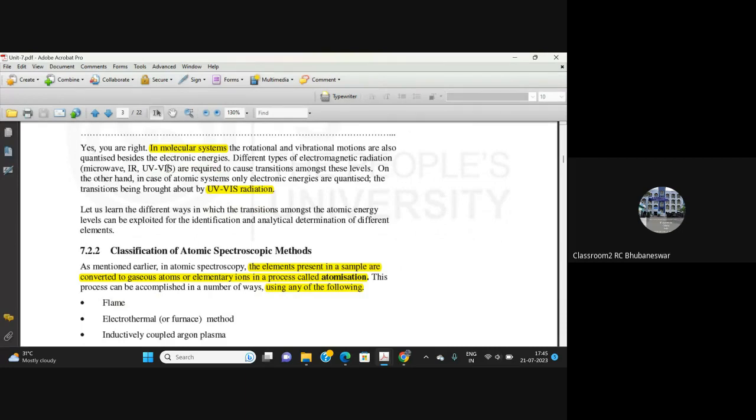In molecular systems, the rotational and vibrational motions are also quantized.